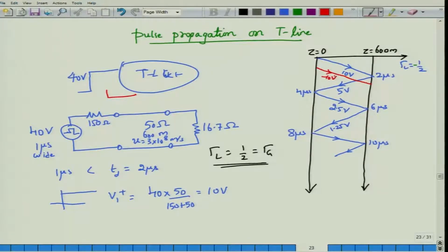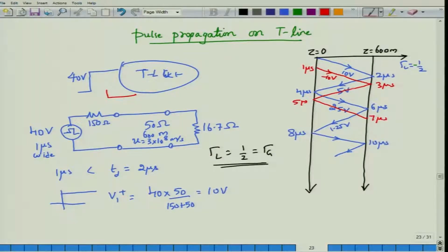Okay, that would be the initial voltage. So, this would be the initial forward voltage because of the minus 10 volt step that is appearing at 1 microsecond, right. And this would reach the 600 meter load section at 3 microsecond, get reflected, reach at 5 microsecond, further get reflected, and reach here at 7 microsecond.